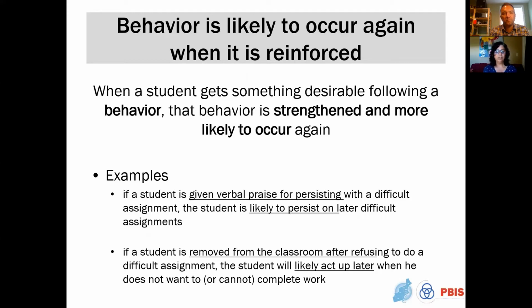We also know that if we give students something they want, like escape from class or to get out of math work, when they refuse to do work or act out, they are also more likely to do that particular behavior again. So if we do something that results in a behavior happening again, that's considered reinforcement. We have to strongly consider how we are reinforcing behaviors we want, or not reinforcing them sometimes, and keep reinforcing from the behavior we don't want.